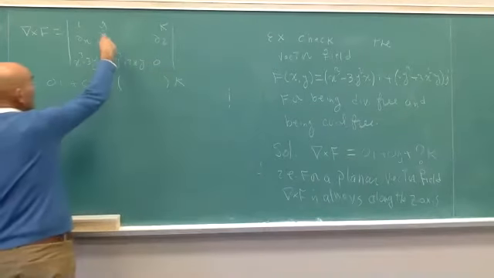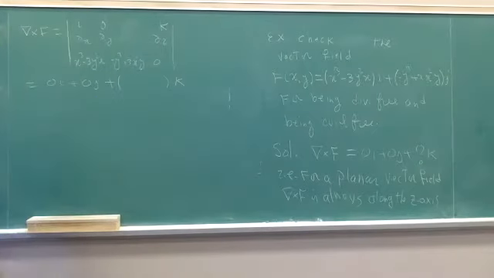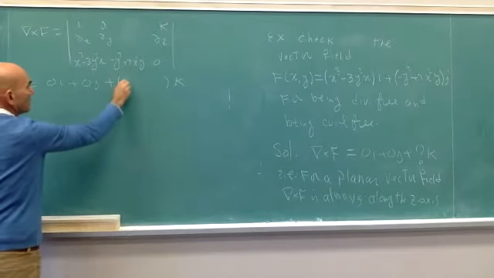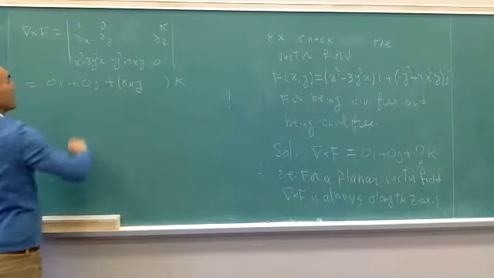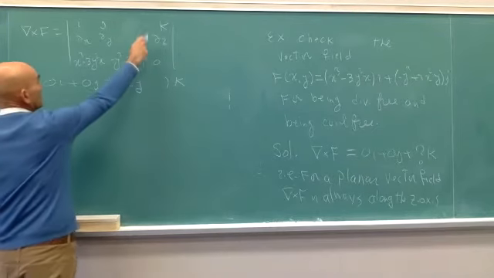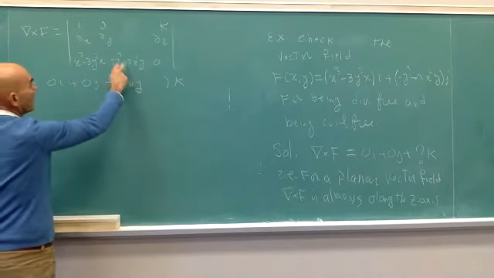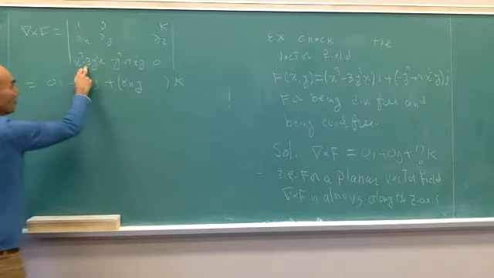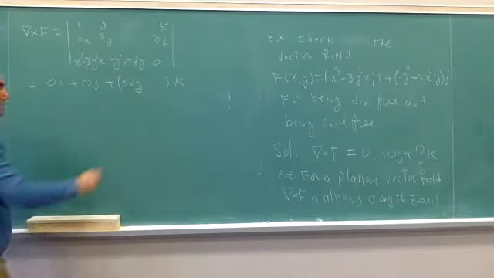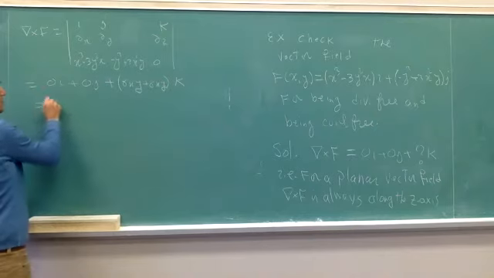So for k, you delete this and that. The derivative of this with respect to x is going to be 6xy. We have to be careful. This one is deleted, so 6xy. And then here, with respect to y, the minus becomes plus 6xy. So this is equal to 12xy.